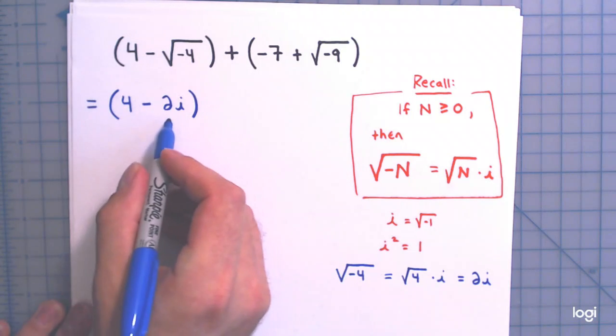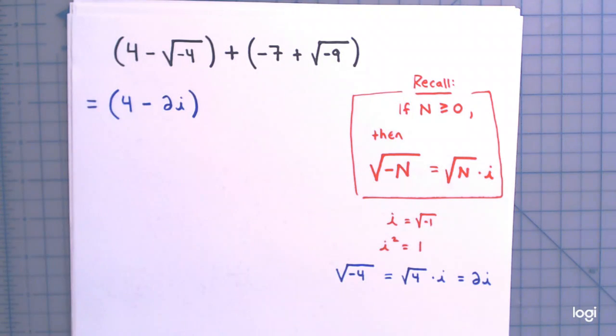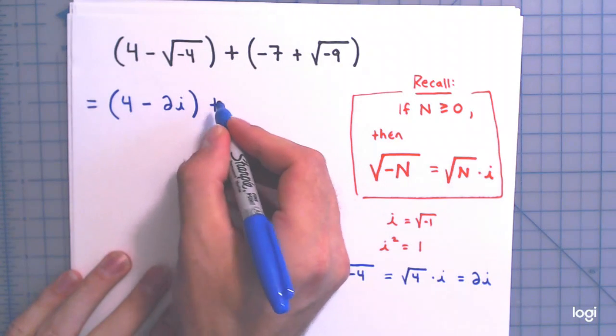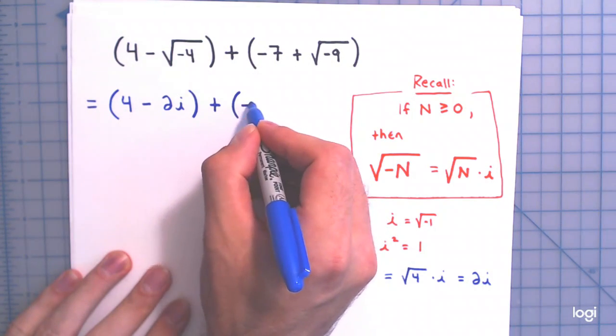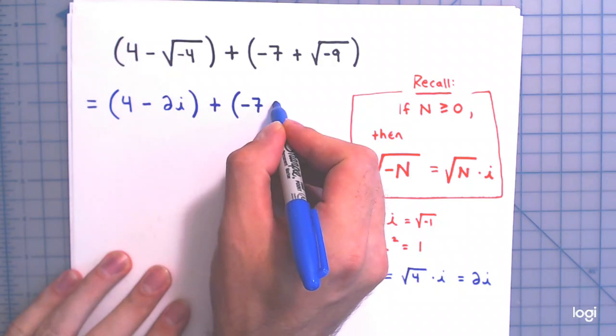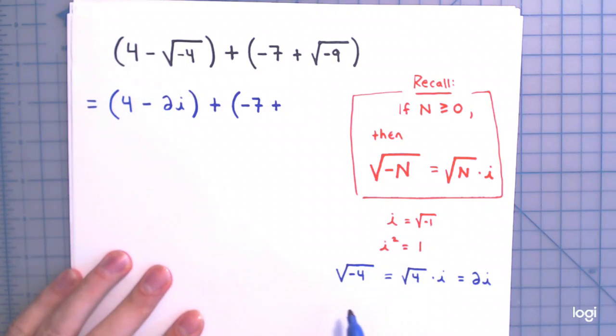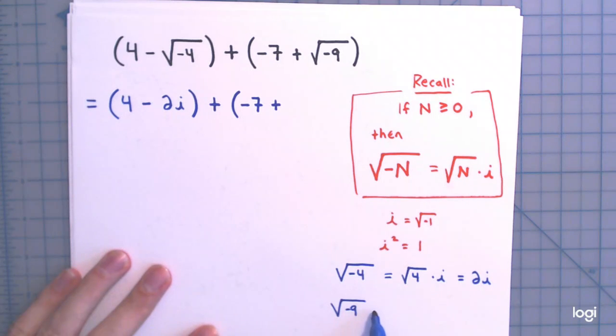And you see it's complex. It's got that complex form, a plus bi. And then we're adding to that the next complex number, which has a real part of -7 plus the square root of -9, again another non-real number that I can write as a pure imaginary number.